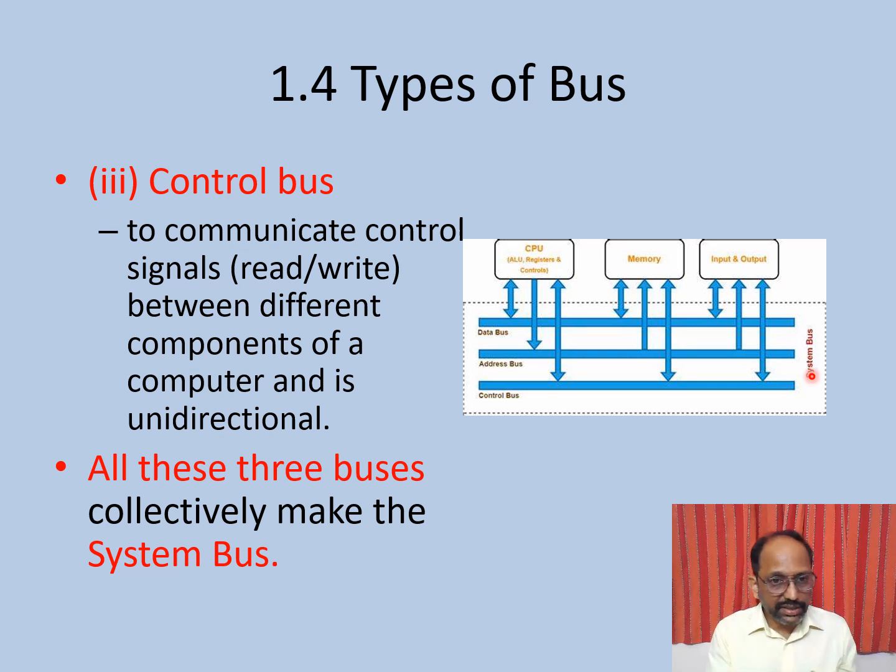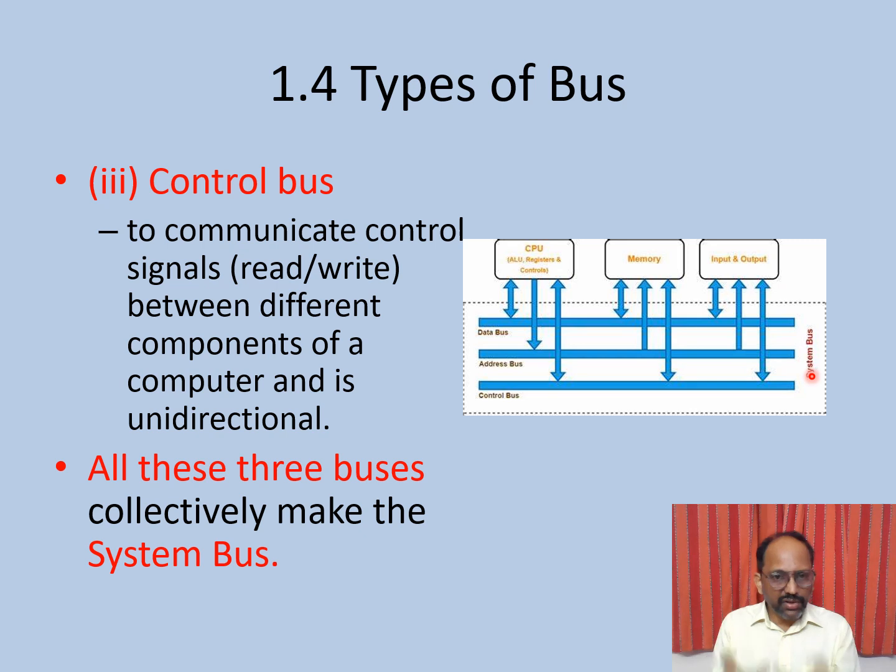If the data is sent, where it has to be stored? It requires an address. The address bus will give the free memory location, address location for the data, the total marks data that has to be written in the main memory.